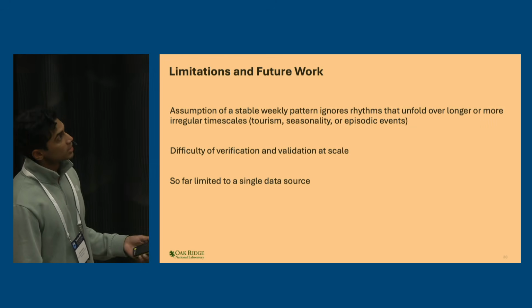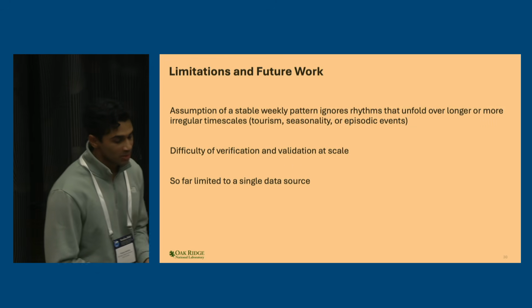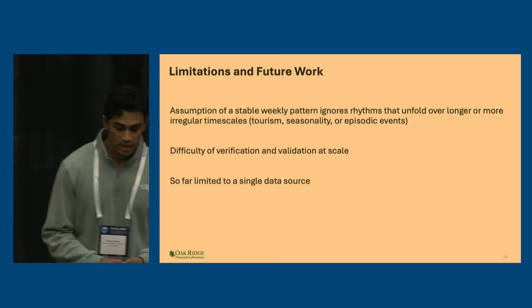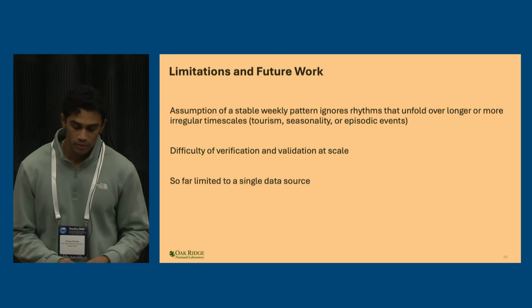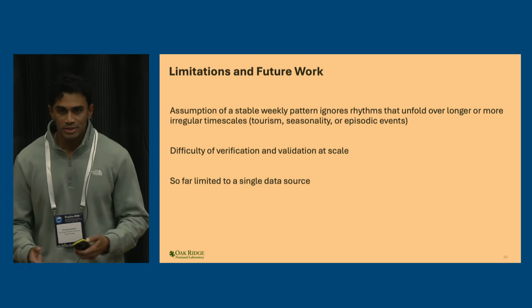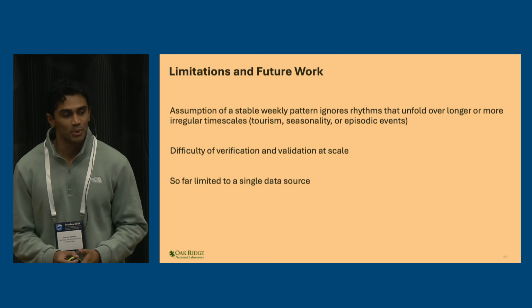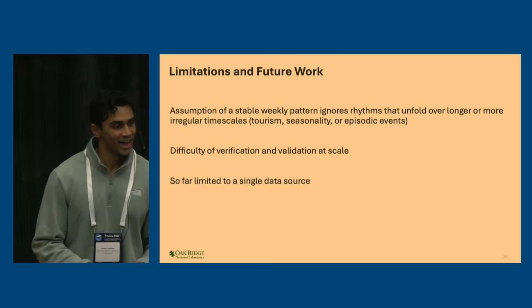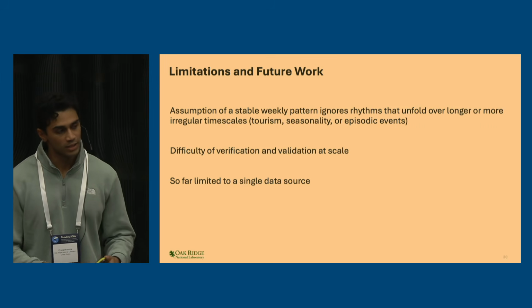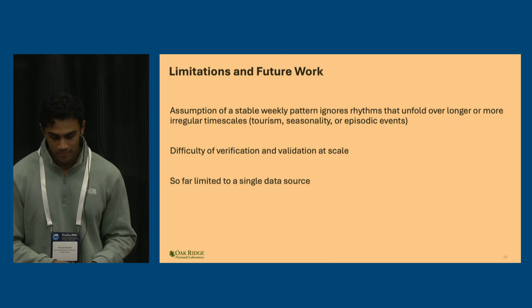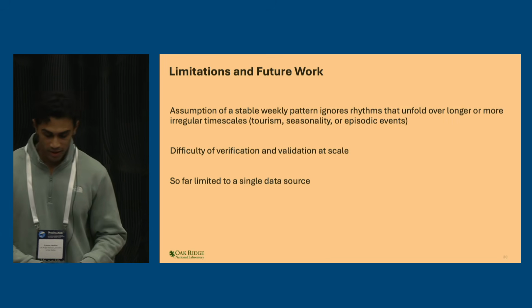Well, we can see why there are so many limitations to our work, because of the assumption of a stable week itself: there's no typical week. There's a lot of variance between holidays, global events, and so on, and there are seasonal things.